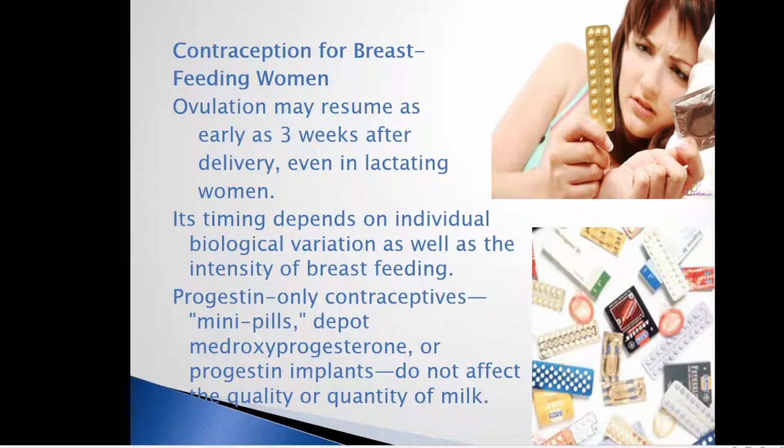Contraception for breastfeeding women. Ovulation may resume as early as 3 weeks after delivery, even in lactating women. Its timing depends on individual biological variation as well as the intensity of breastfeeding. Progestin-only contraceptives, mini pills, depot medroxyprogesterone or progestin implants do not affect the quality or quantity of milk.